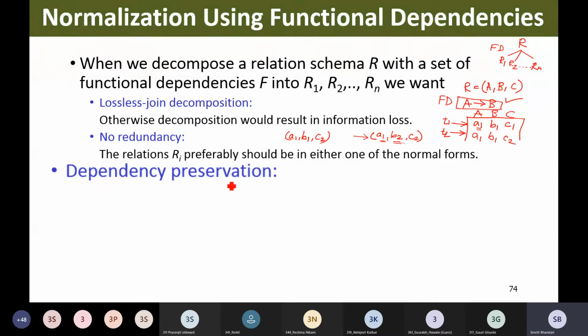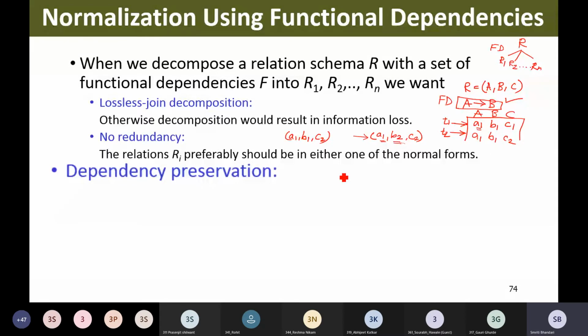So what do we mean by dependency preservation? While testing a functional dependency for its violation, we do not want to compute a join of the relations. I'll repeat what we mean by dependency preservation.